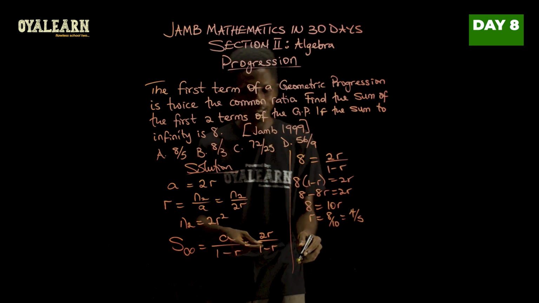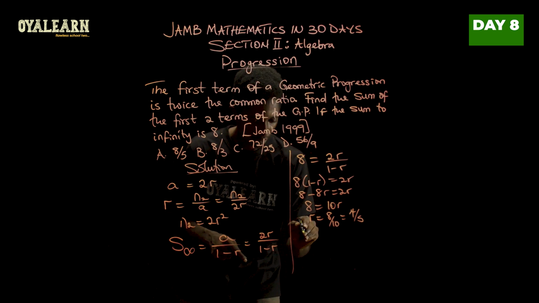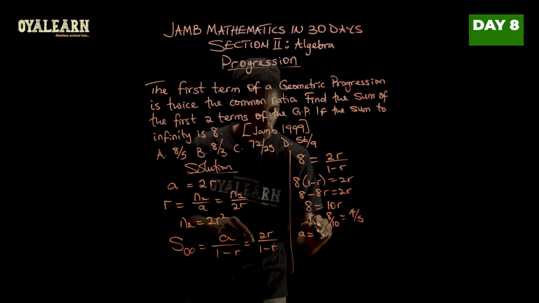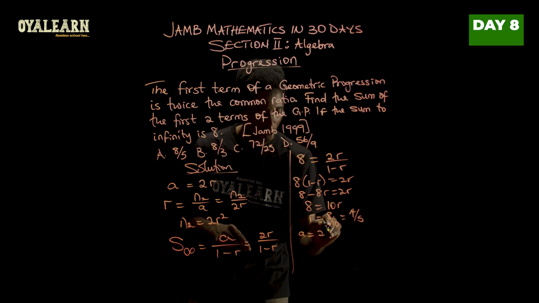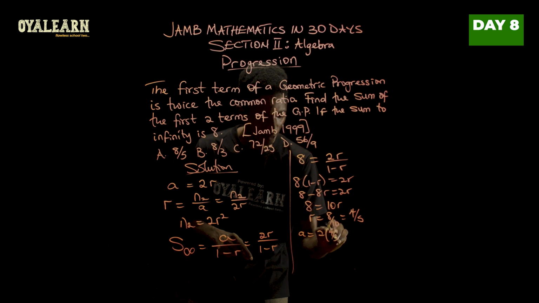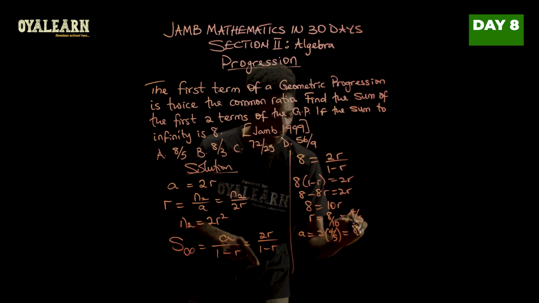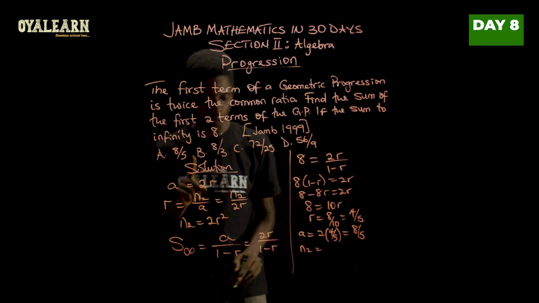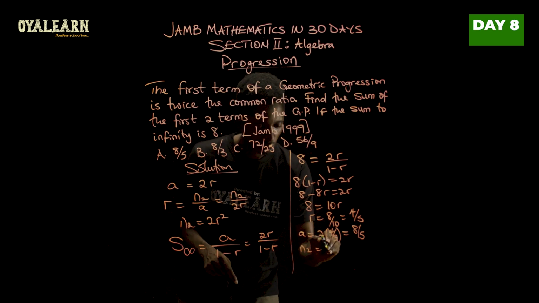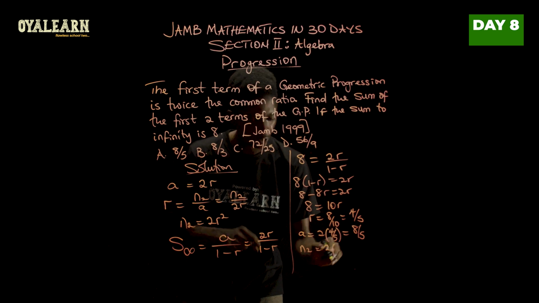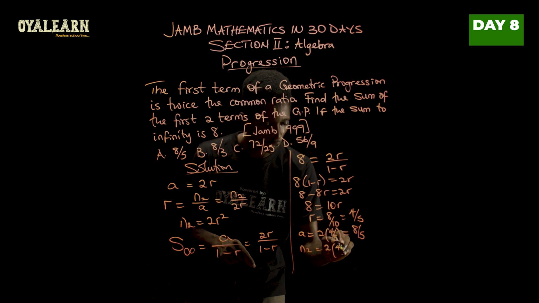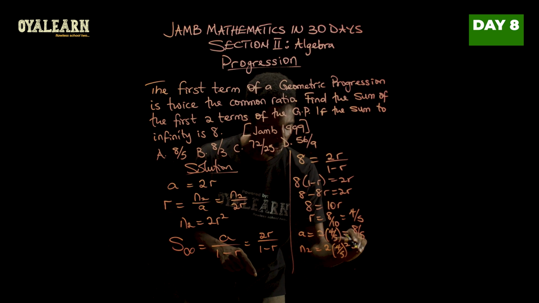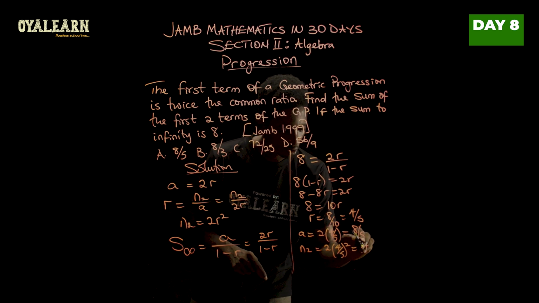Now from here we can find the first term. A would be twice of R, which is 4 over 5. So A will be 8 over 5. While N2 would be twice of R squared. So 4 over 5 squared. So we have 2 here.